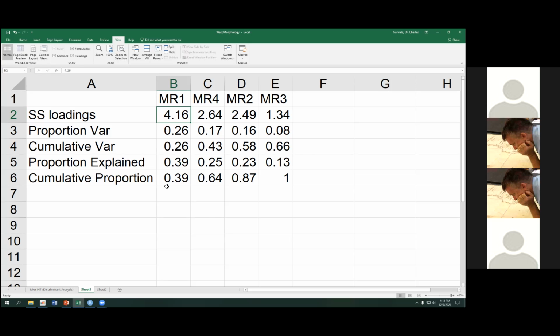That factor, MR1, does a better job explaining the data than any one of those 17 measurements I took on the wasps. We want that factor. It is better for us than the tibia length, than the gaster length, than the thorax length, than any of them. It's doing us a good job.